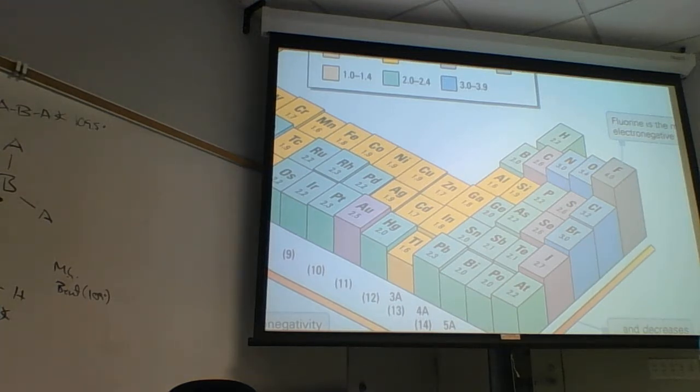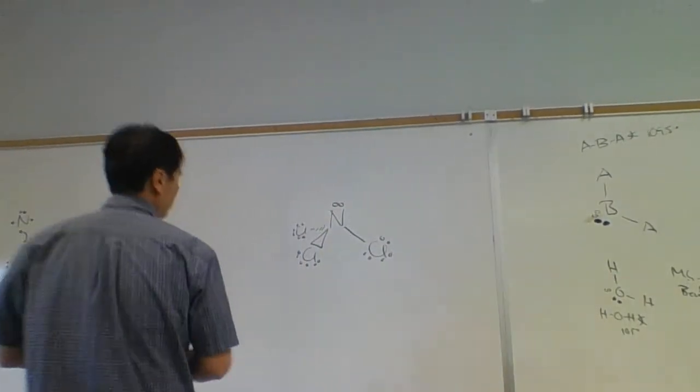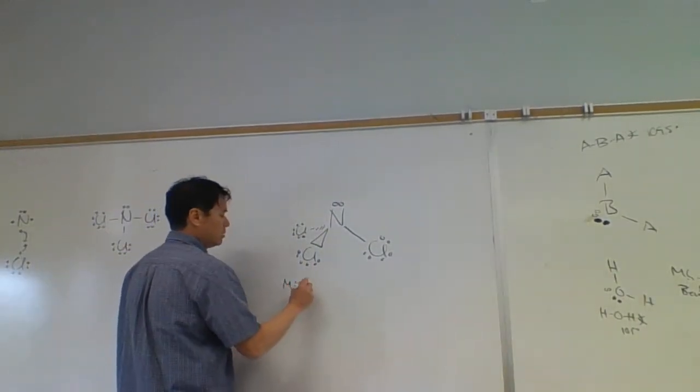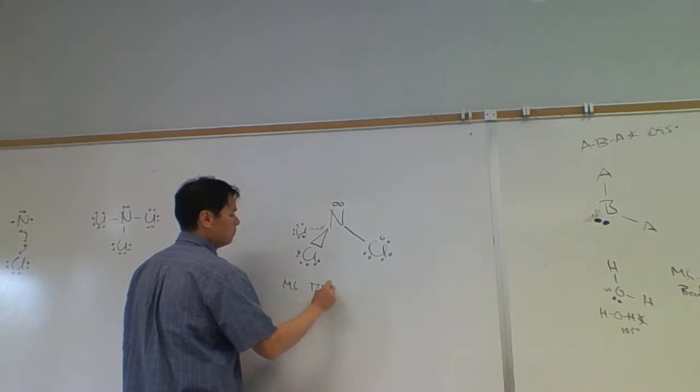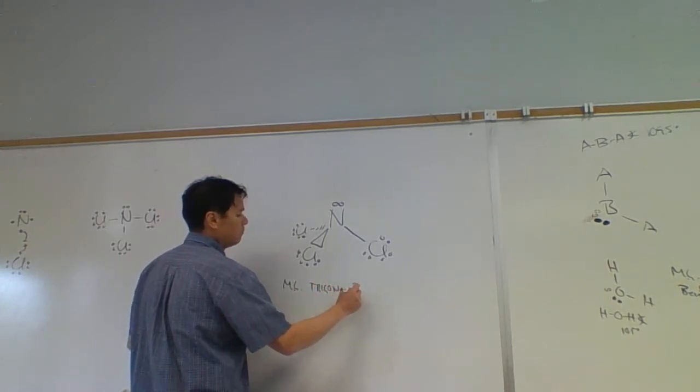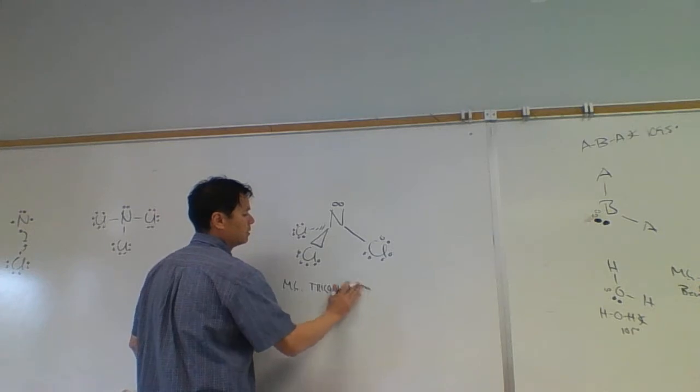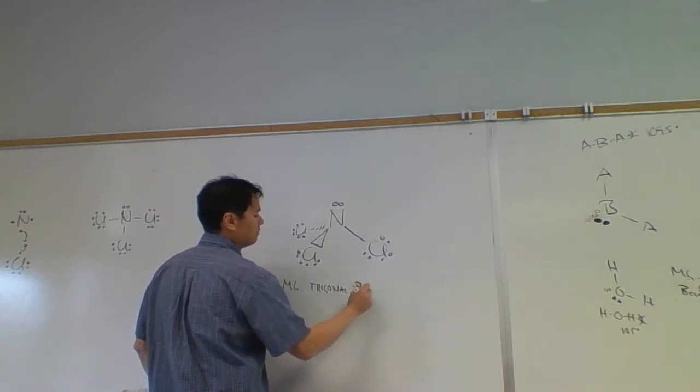And so the electron geometry is tetrahedral, but what is the molecular geometry for this? Yeah, the molecular geometry is trigonal pyramidal.